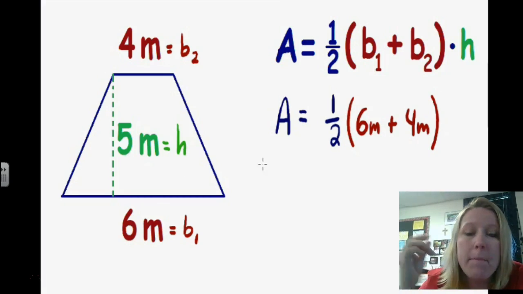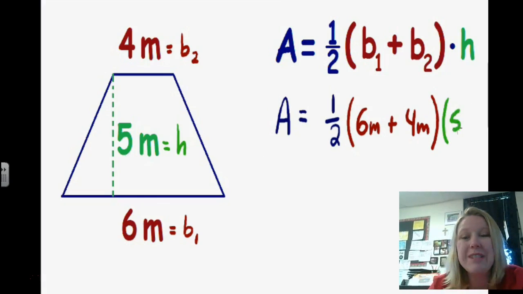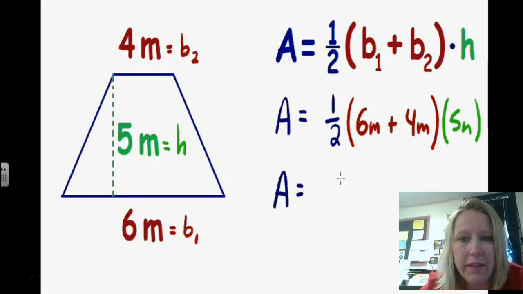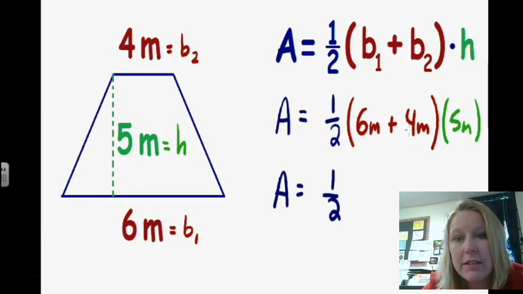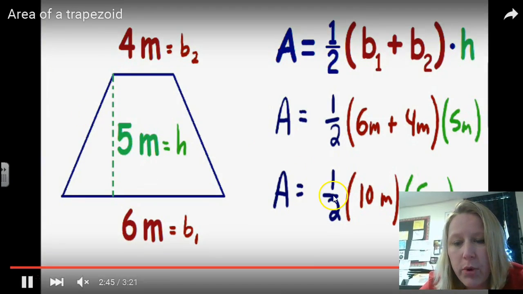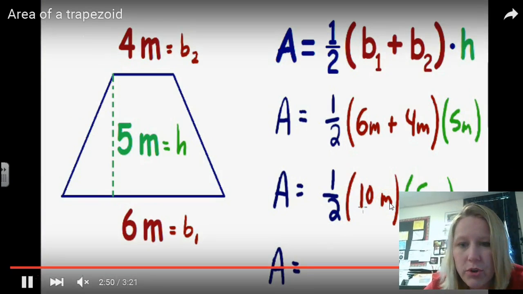Now according to PEMDAS, order of operations, you're going to do what's inside the parentheses first, and there's an addition inside those parentheses, so we have to do that before we do anything else at all. You're going to have to take the 6 plus 4, which would get us 10. Let's write that down. We now have 10 meters as our base 1 plus our base 2. Again, 4 plus 6 would have been 10 also, so the order didn't matter. Times the 5. Now you have a choice at this point. You could go ahead and cut 10 in half and multiply that by 5, but I'm going to show you the other way.